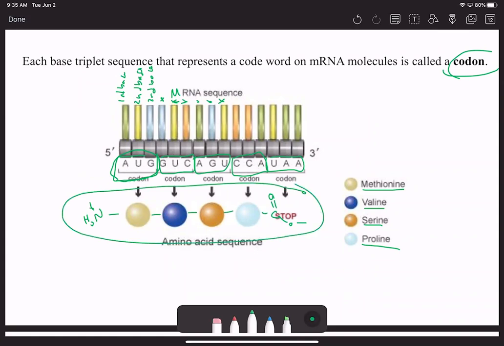So my protein made from this RNA strand, calling for a specific order of methionine, valine, serine, and proline. And we now have a primary structure for this protein made from this RNA strand here.